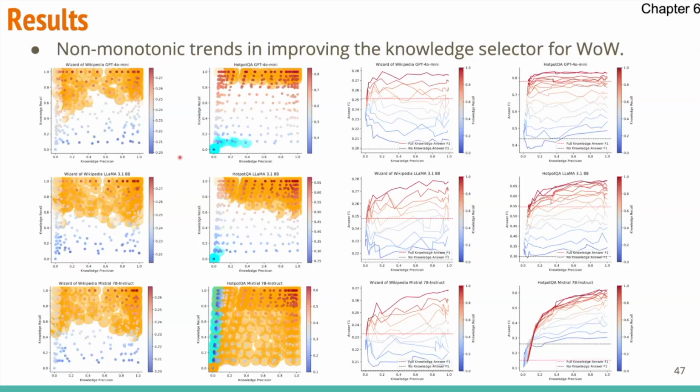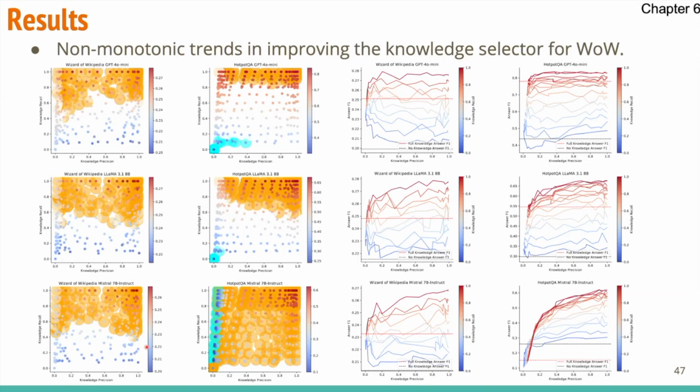This means when we improve the knowledge selector by moving lower right, the generation performance may decrease first. For example, from here to here, the generation performance may decrease first and then increase later as we improve the knowledge selector.